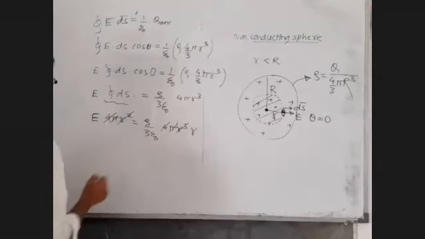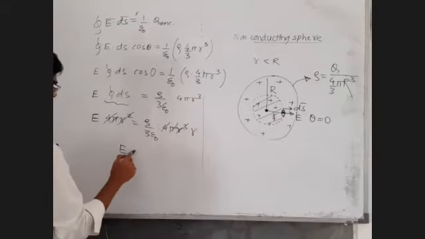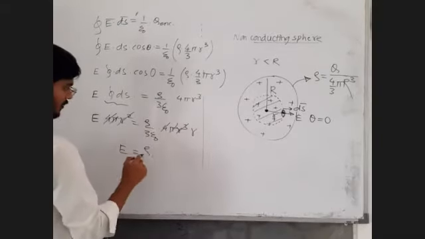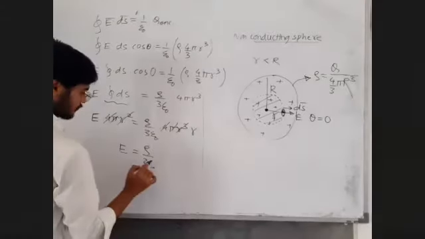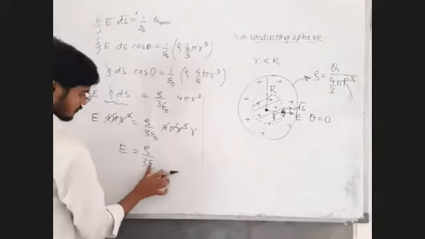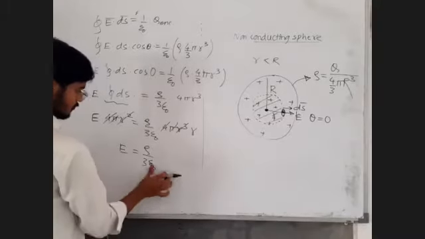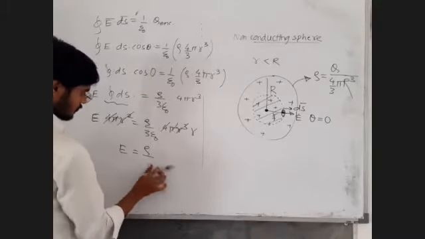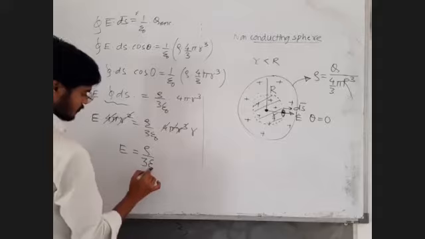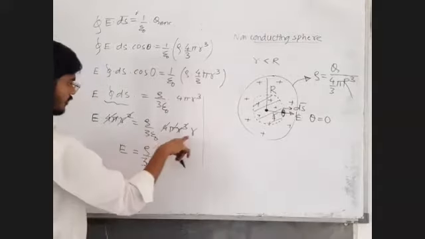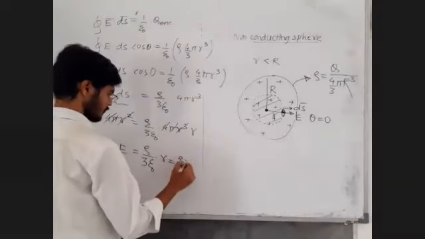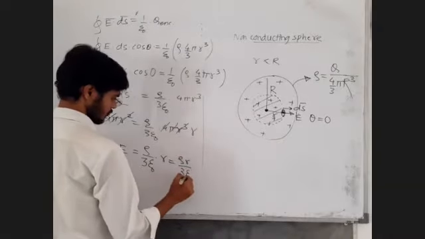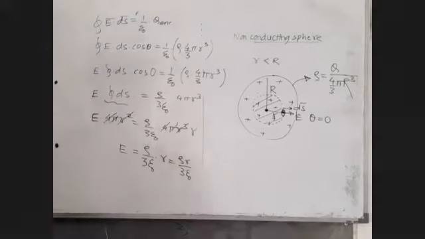Okay, r square with r cube gone, that is equal to rho upon 3 epsilon 0 into r, that's it. Or rho r upon 3 epsilon 0 simply. That's it.